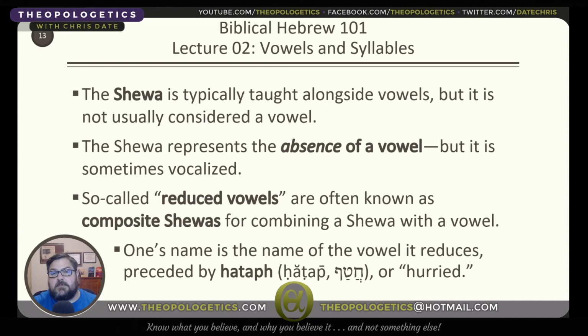So going back to the example we saw earlier, the word 8, you've got the consonant aleph, the vowel tsere, and the consonant tav, and then under the tav, if it were not at the end of a word, if it were in the middle of a word, there would be a shewa under it, and so the whole syllable would be 8. It ends in a consonant, making it closed. When it is vocalized, though, it is a syllable all of its own, as you will learn. But when it's silent, that's one way to create closed syllables.